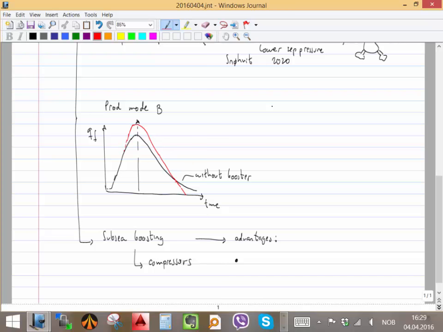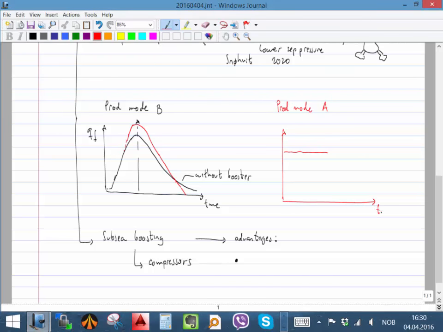And then the other option, if I'm operating in production mode A, that was a plateau production. This is boosting. So this is no boosting. This is just to confuse you.